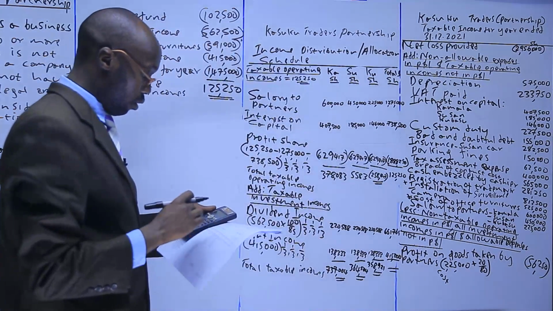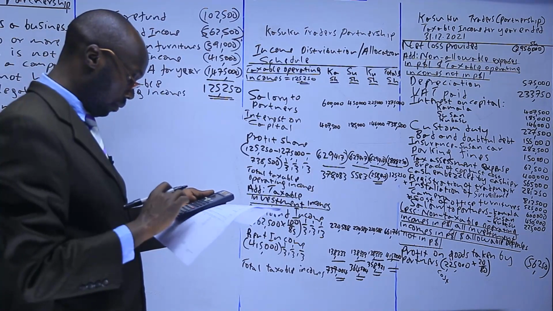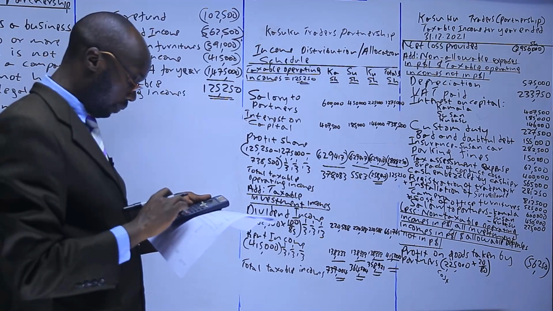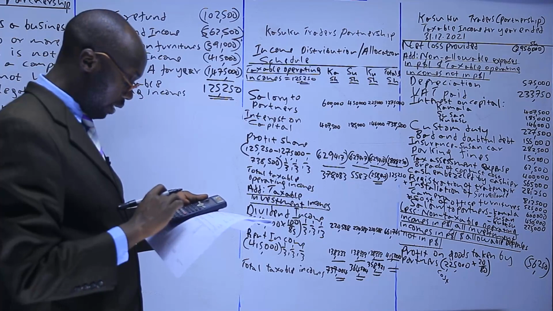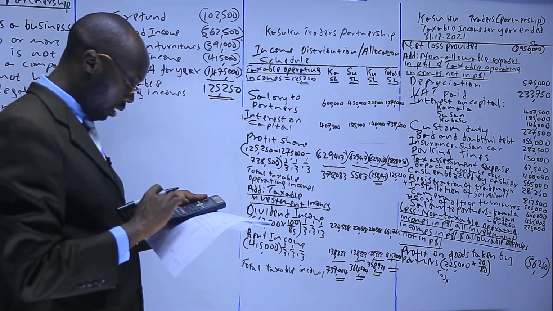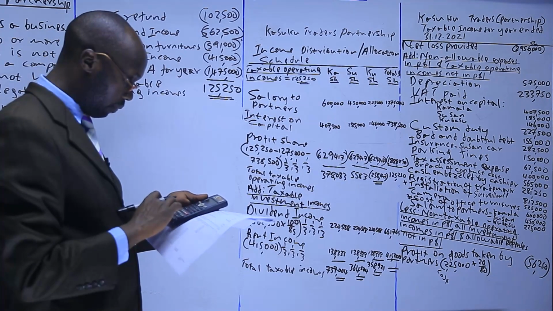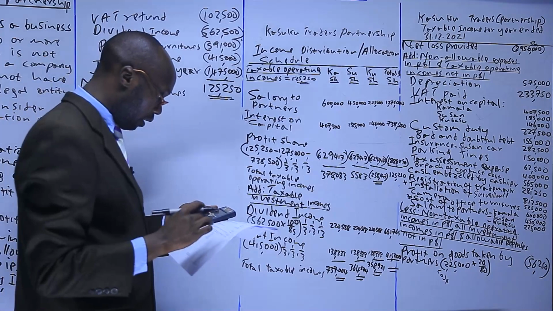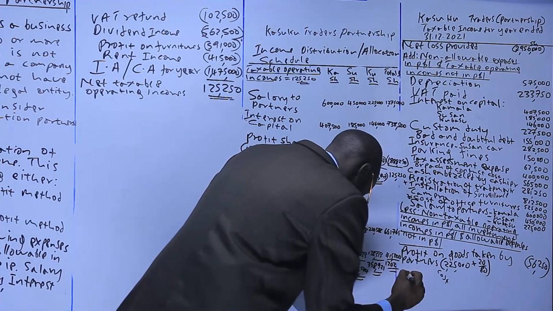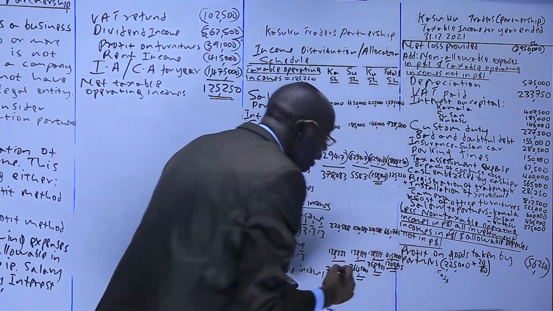And then we go to the total. 562,500 plus 661,765, and then we add 415,000, giving us 1,202,015.